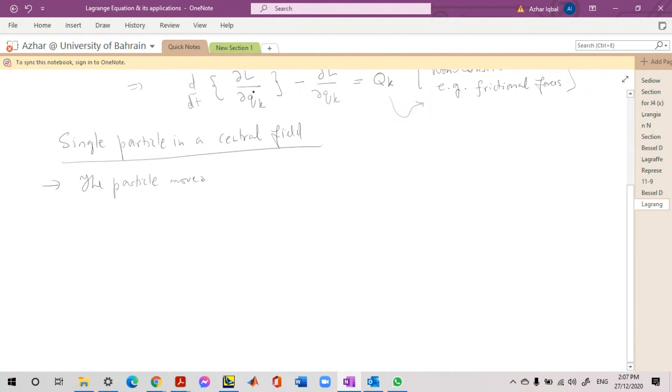The particle moves in a plane under a central force, and you know that the central force is a conservative force.